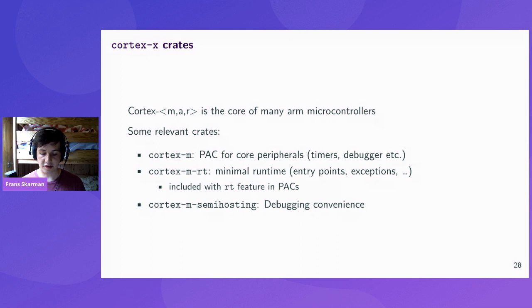And then Cortex-M semihosting allows you to print to the debugger console and a whole bunch of other things that are useful when working with the debugger. Though be careful, if you're using semihosting and your debugger isn't attached, your program will crash and your controller will do nothing. That's fine if you're just using it for panic messages, but if you're starting to print to the debugger and then disconnect that, things may go wrong. So keep that in mind.